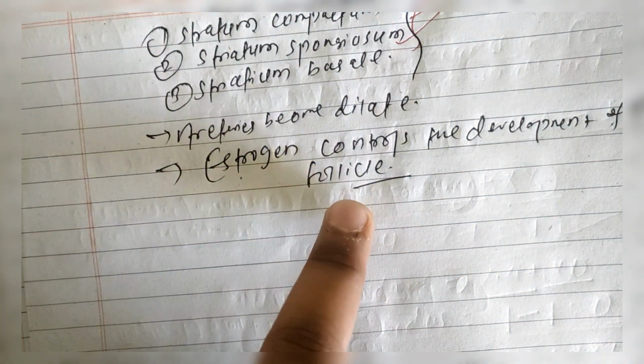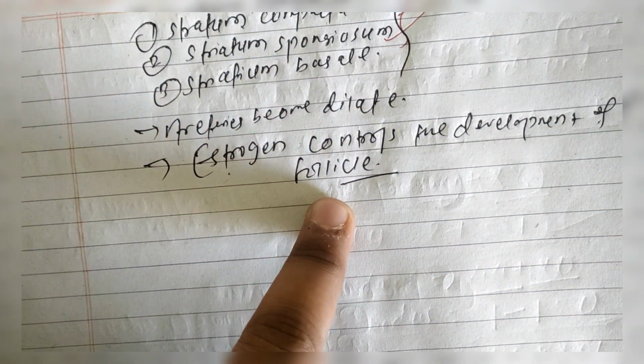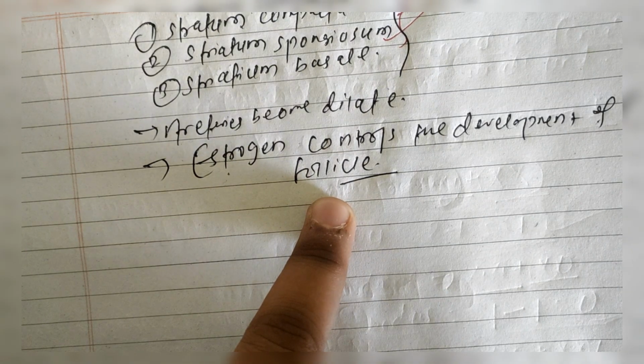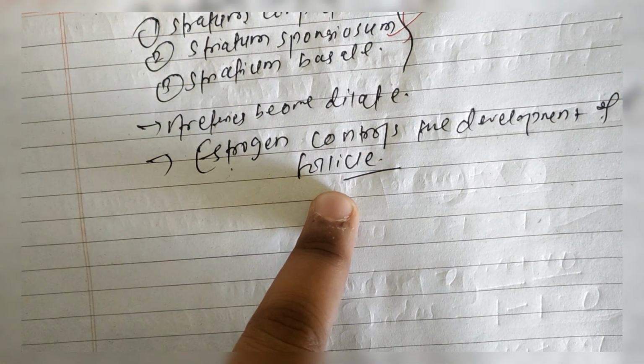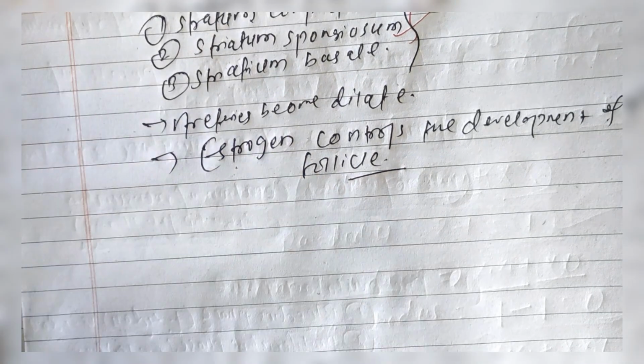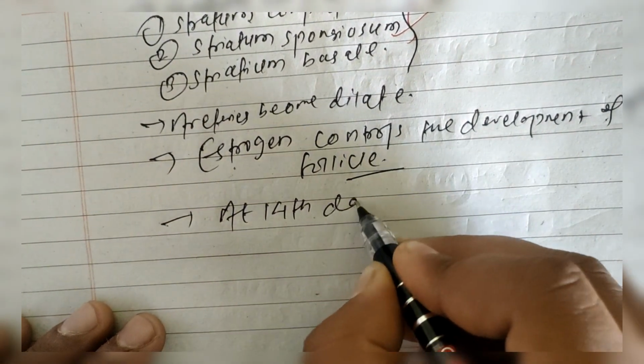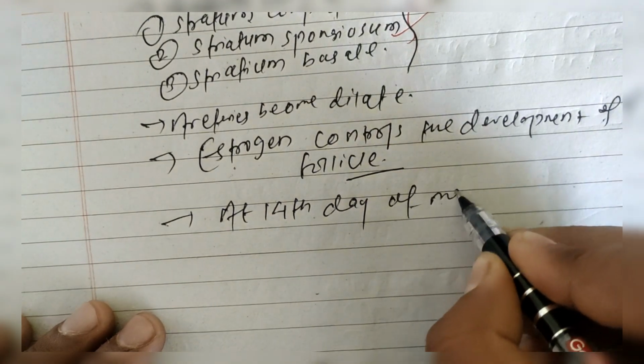Here the estrogen helps to mature the follicles, and after the follicles become mature, the ovum gets out of these follicles at the end of this proliferative phase, at the 14th day of menstruation.